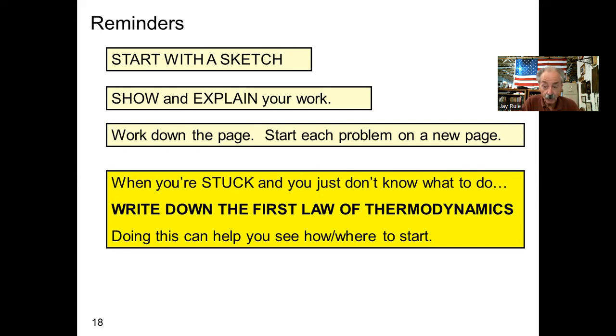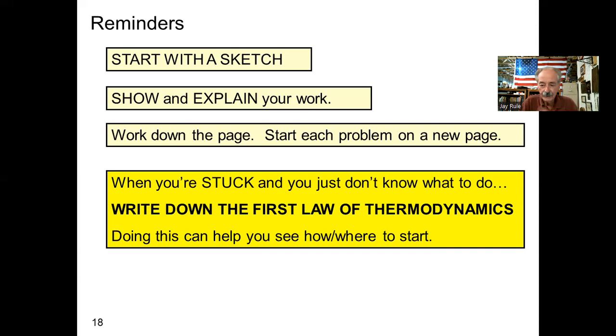Somebody's looking at your work and trying to give you partial credit where you got off track. I need to give this person as much partial credit as I can. Do yourself a favor. Work down the page. Start each problem on a new page. You probably figure I've graded lots of thermo tests. These things help me help the students who need partial credit because they got off track somewhere a little bit.